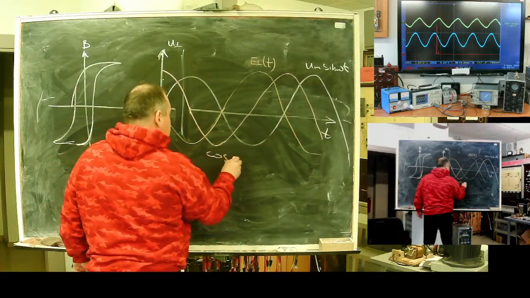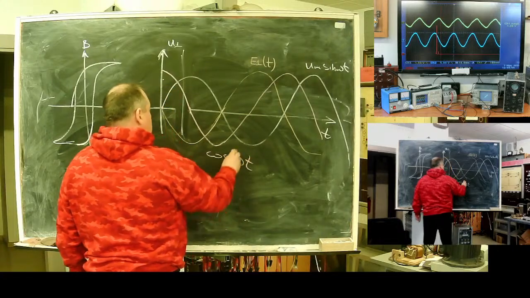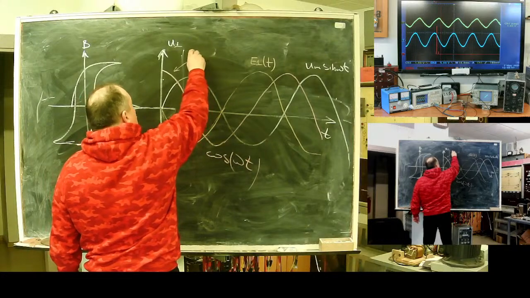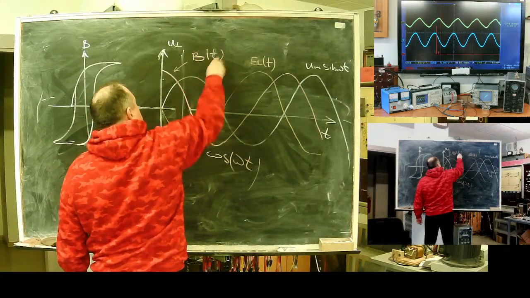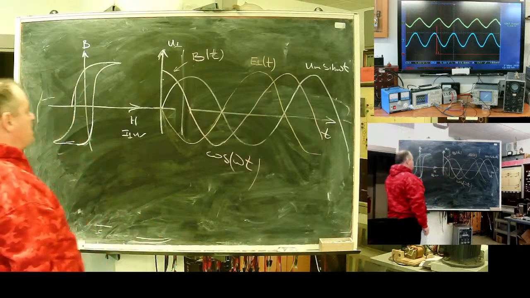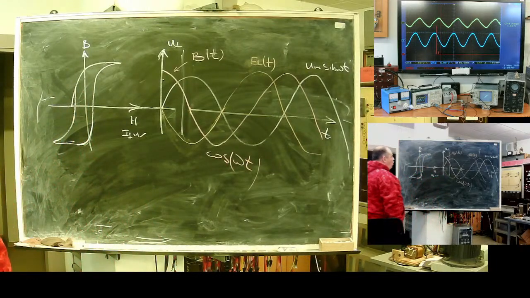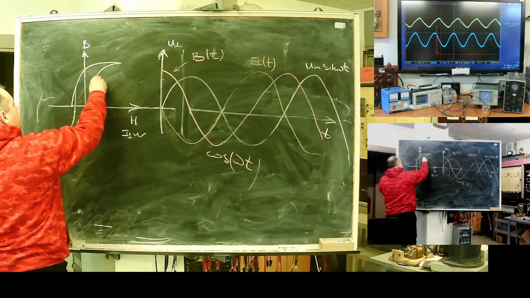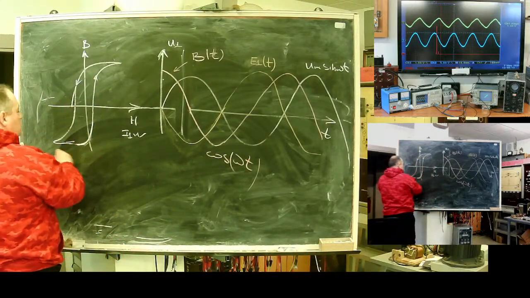Like cosine of omega t. This one is flux or induction in space with some vector, with some scale. Okay, now I can do a bit of magic.